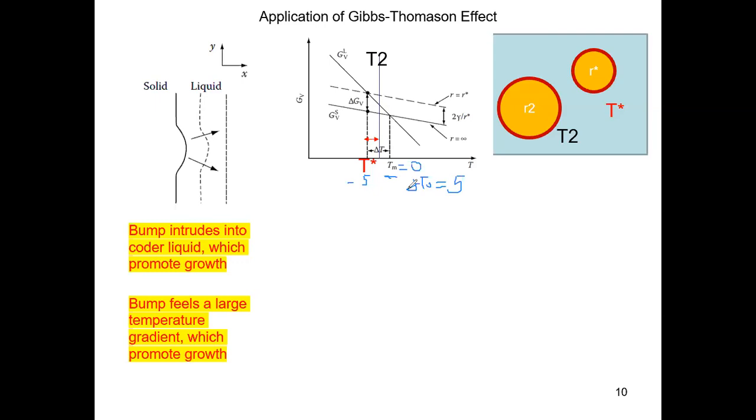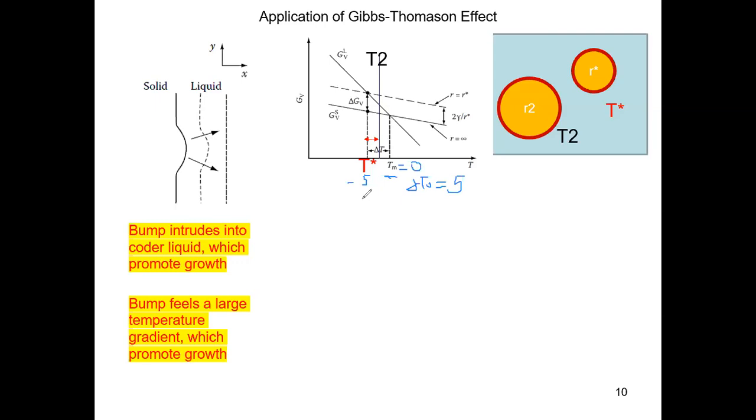Does this make sense to everyone? My current temperature I choose to be T star, which is -5 degrees Celsius, right? For a system compared to a system, I induce a 5 degree supercooling. So this implies that the melting temperature for that system is 0. So that's why I can have 5 degrees of supercooling.